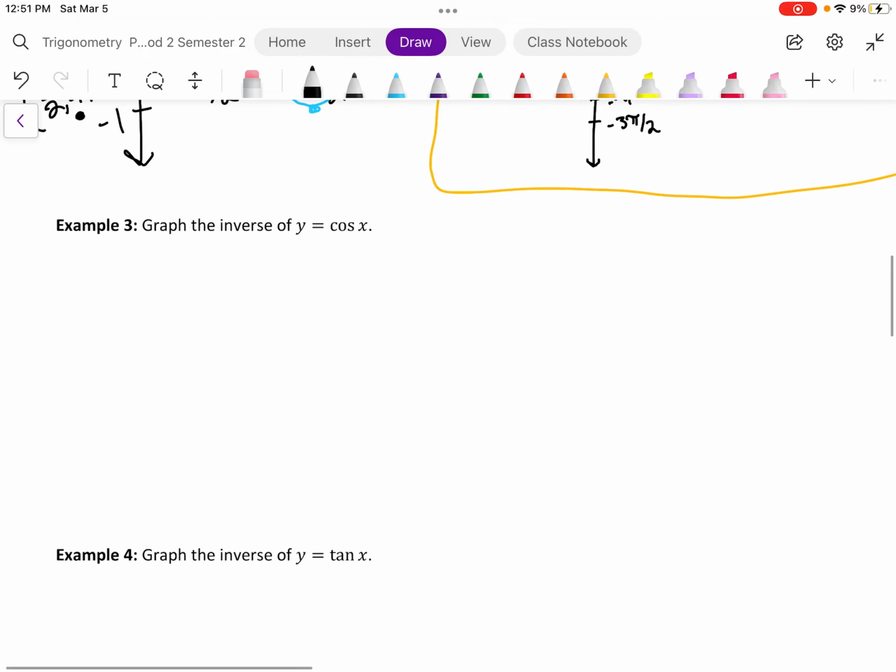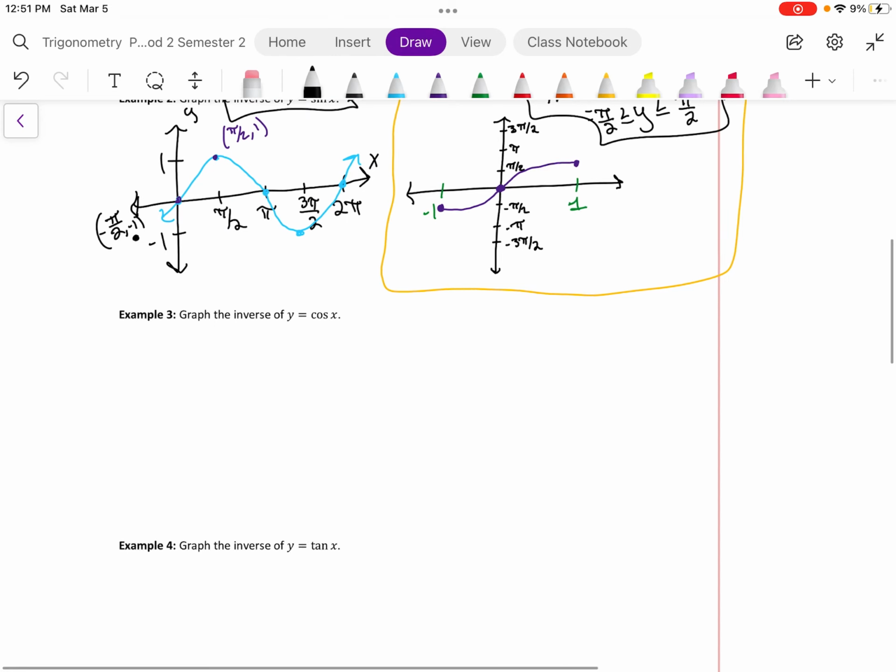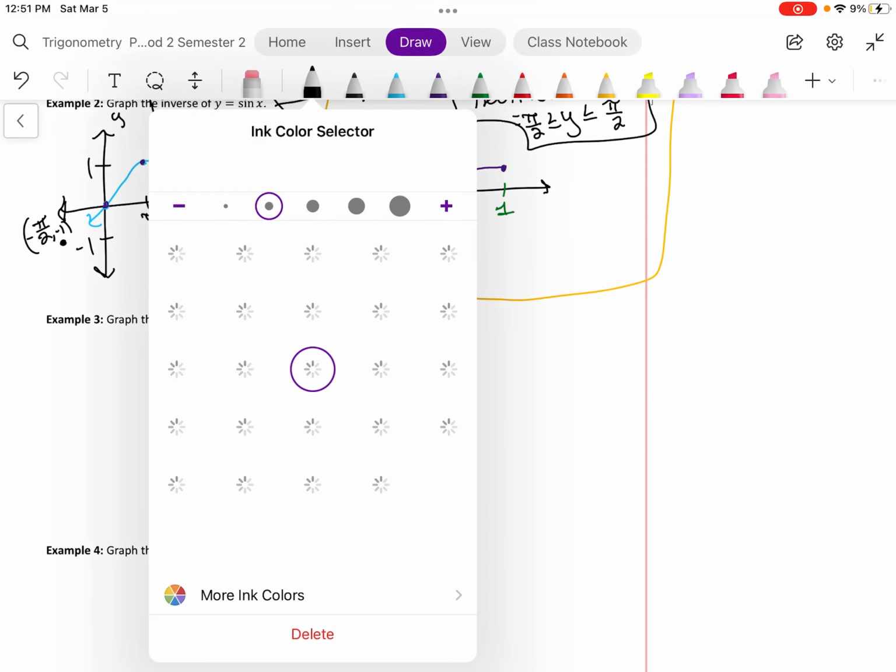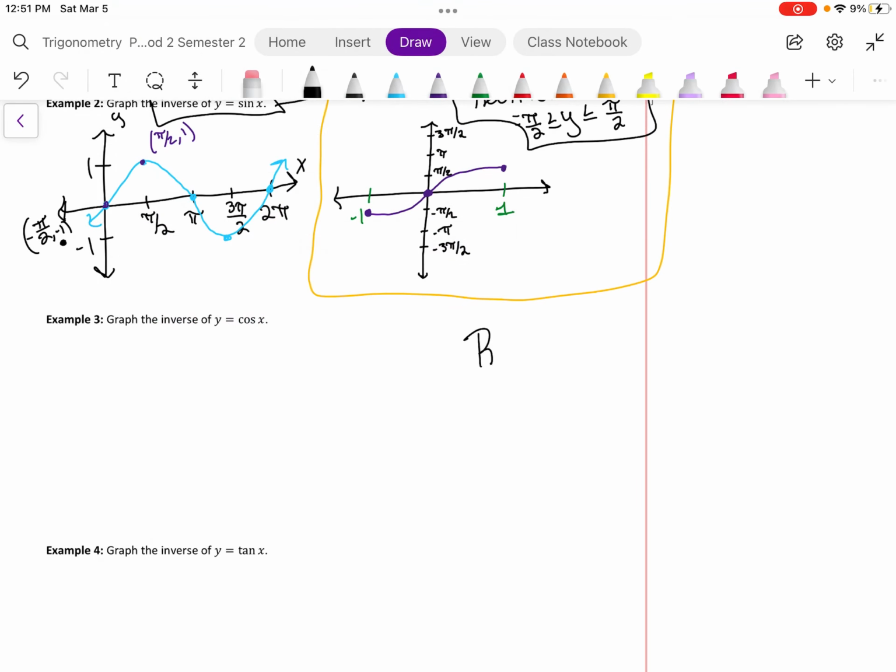All right, next we have the graph of y equals cosine of x, and we need to do the inverse. Our restrictions for this one are between 0 for y all the way up to pi.